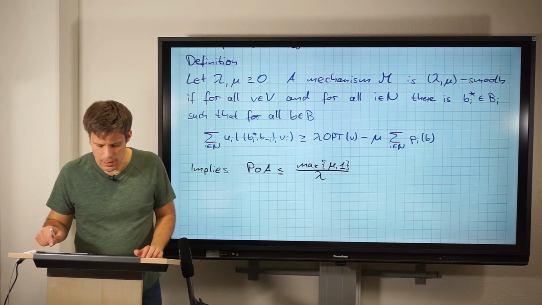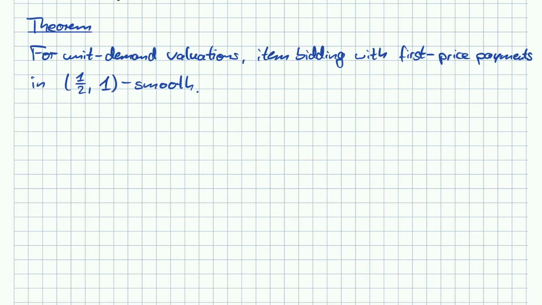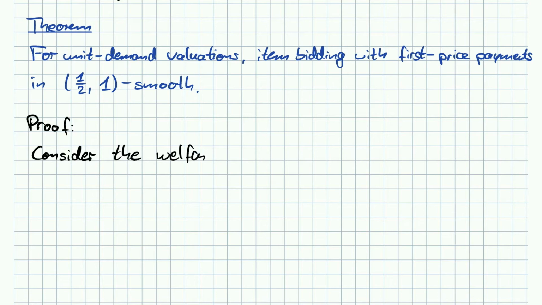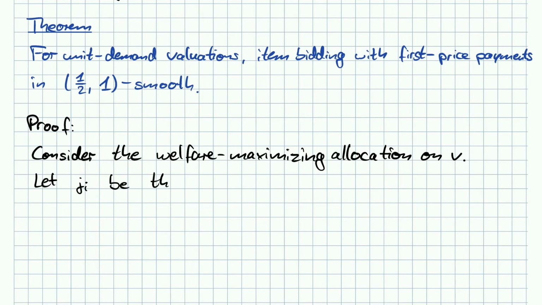And in our case now, this looks as follows. Consider the welfare maximizing allocation on V, and let ji be the item assigned to bidder i, without loss of generality, of course, they are getting only a single item.